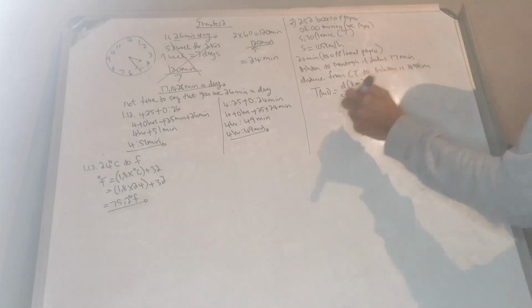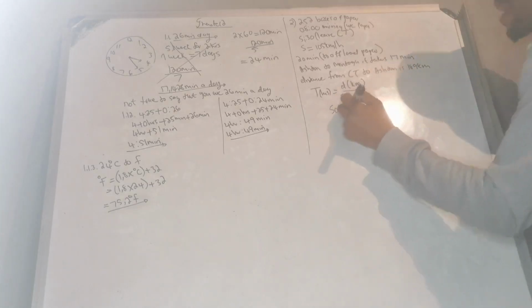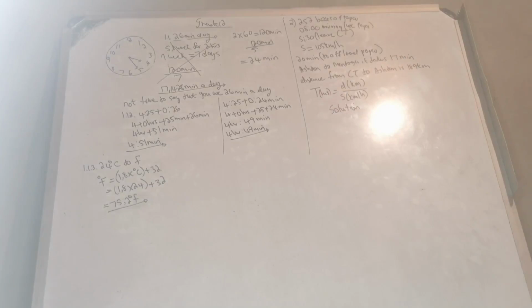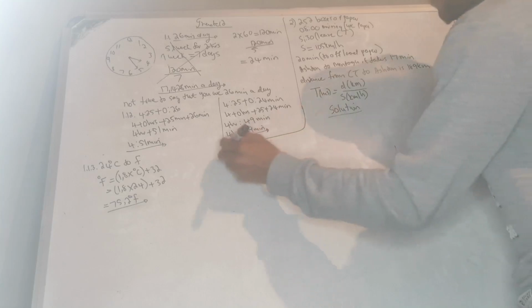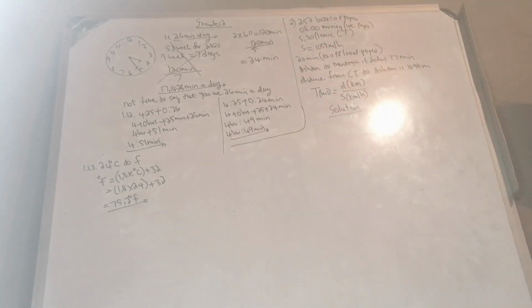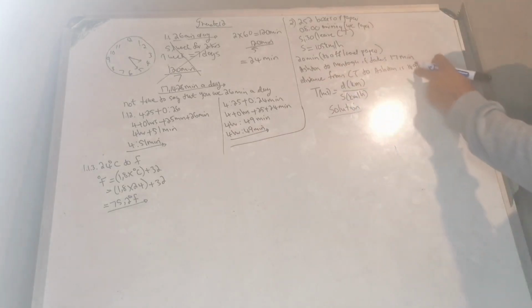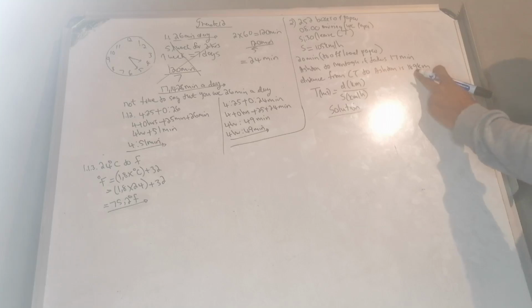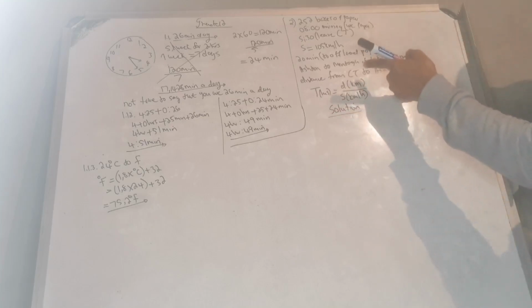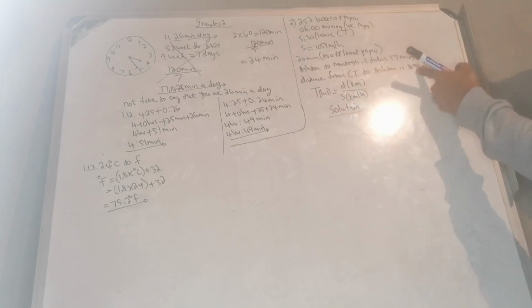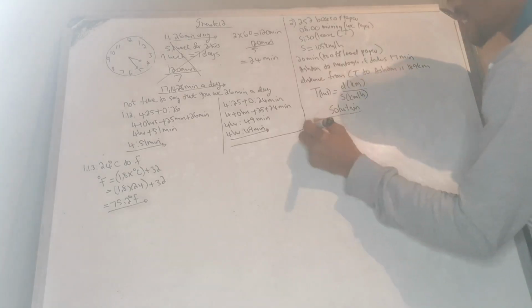The van leaves Cape Town and goes to Ashton. How are we going to do that? We know the distance from Cape Town to Ashton is 189 kilometers.